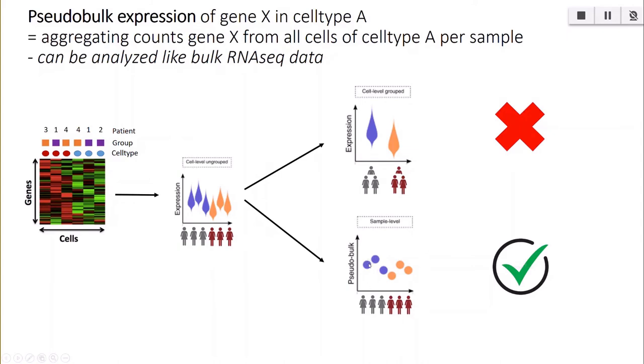So we summarize the expression of a cell type per sample in one value, and if we do that for all samples, we can later compare these aggregated expression values of that gene between the samples of the different conditions. This is called pseudo-bulk, and this type of expression data can be analyzed in the same way as bulk RNA-seq data. So we will use a tool like edgeR to perform differential expression on this pseudo-bulk expression.